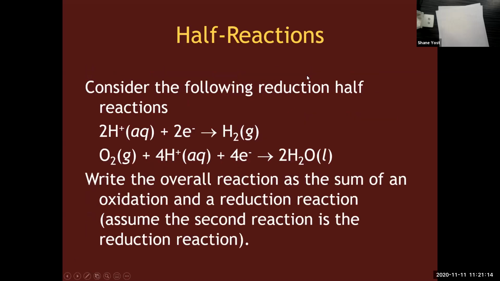All right. So consider the following reduction half reactions. Write out the overall reaction as a sum of the oxidation and reduction reactions. You can assume both of these reactions are written as reduction reactions, but only the second one is the actual reduction reaction.